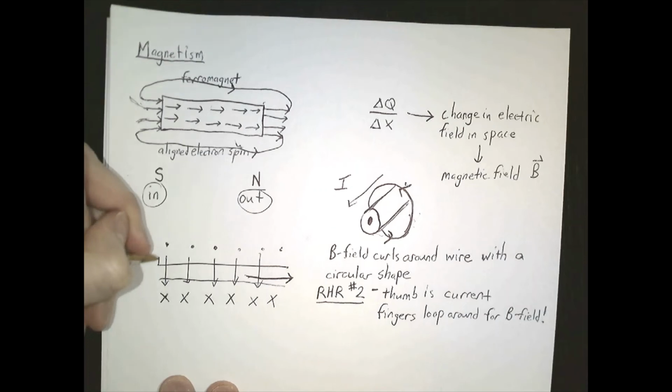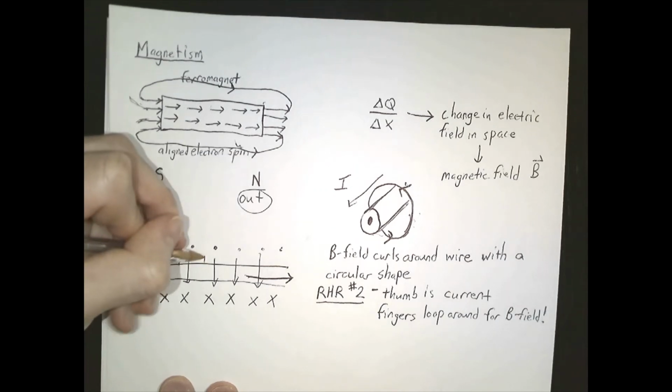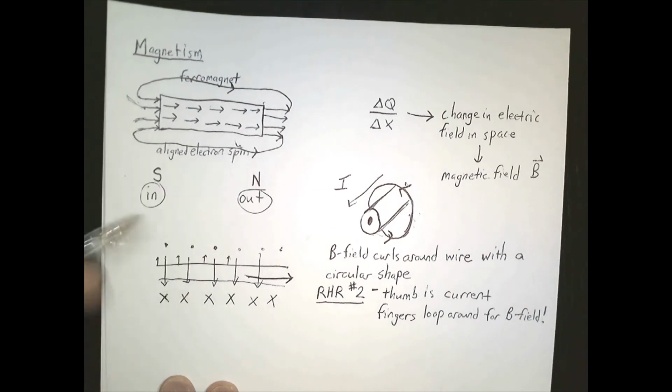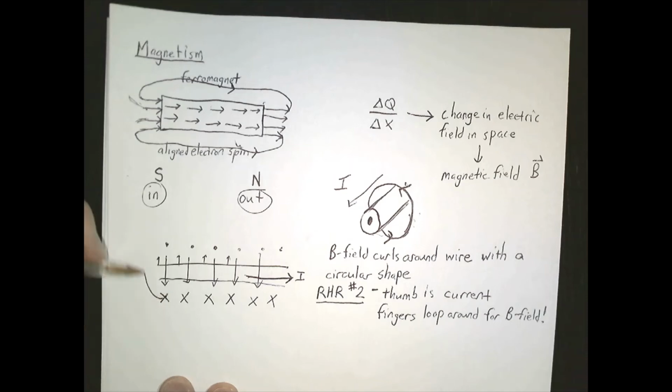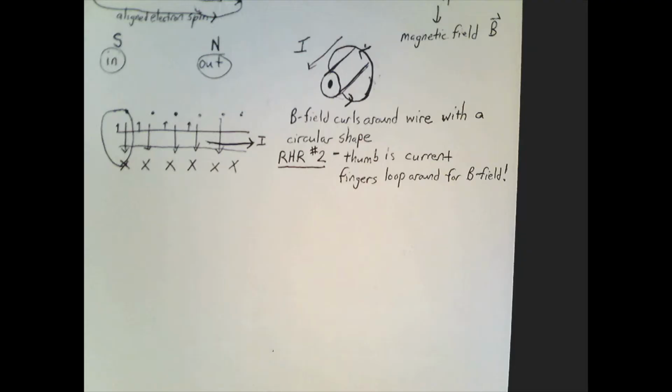So I can draw those little vectors sneaking out from the bottom of the wire here to connect all the dots. There is a circular field looping around this wire. So our B field loops around like so, in to out and then back.